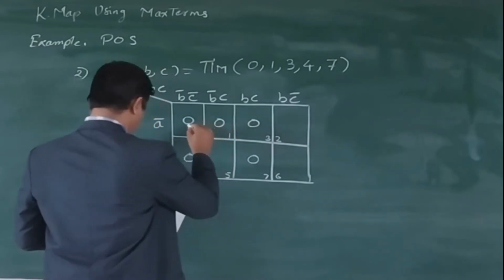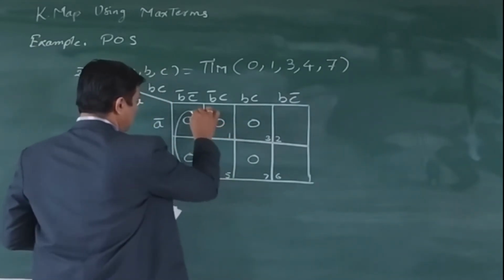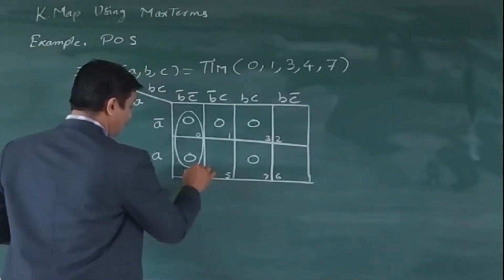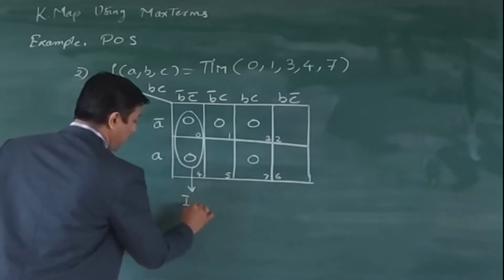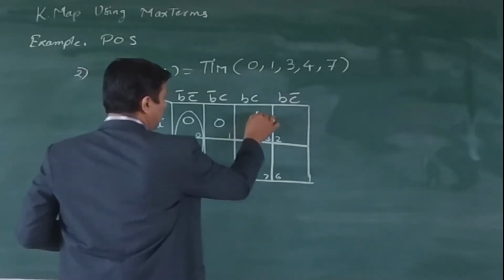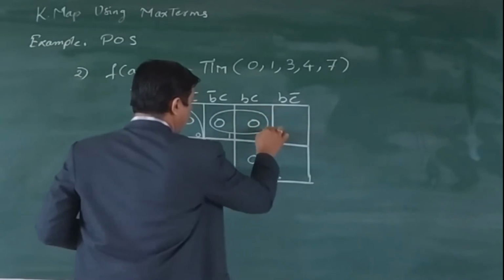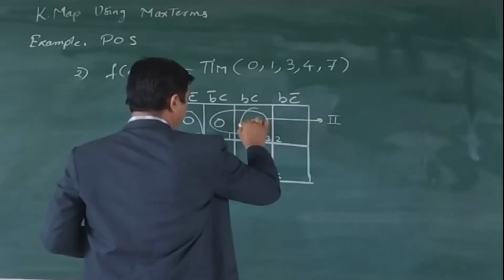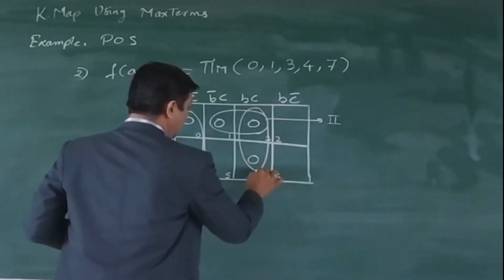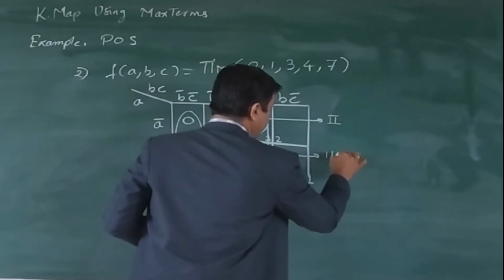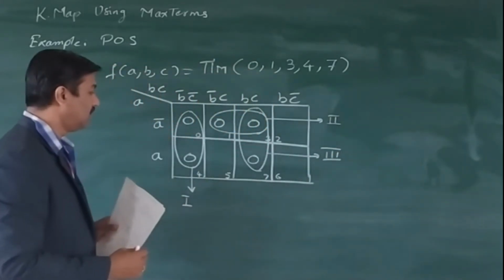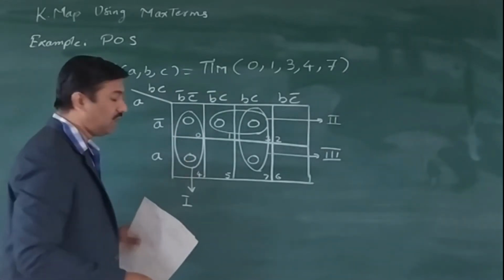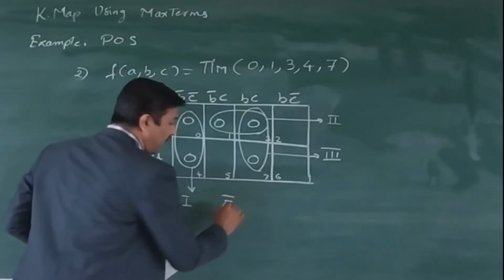Here the first grouping is cell number 0 and cell number 4. Fine. So let us mark it as the first group. Then we have the second group, group number 2, and then we have group number 3 coming out. Okay, 1, 2 and 3. As it is the max term and we are representing zeros here, we will treat it as F bar.